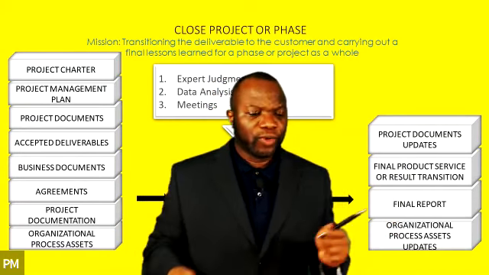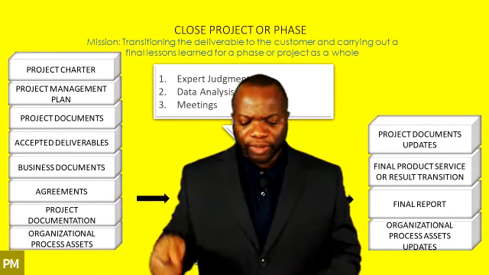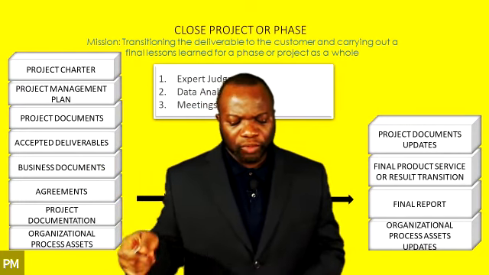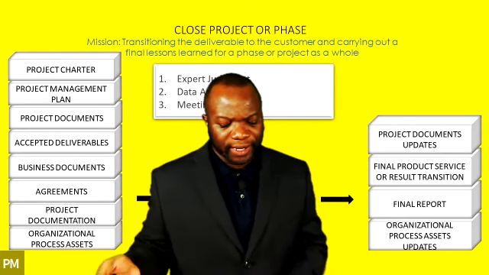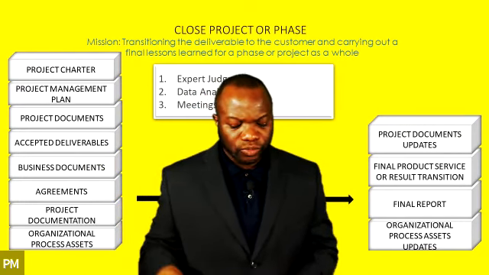Business documents. So we're going back to our business documents for some valid reasons. And part of these reasons we're going to talk about, but at a high level, remember the business case and the benefits management plan talked about way back. These become relevant in closing the project or phase. Why? Because the business case will tell you if at the end of the day, you got to the justification you were seeking, you see.